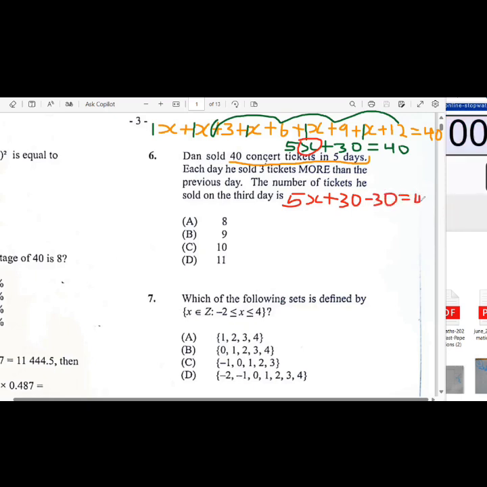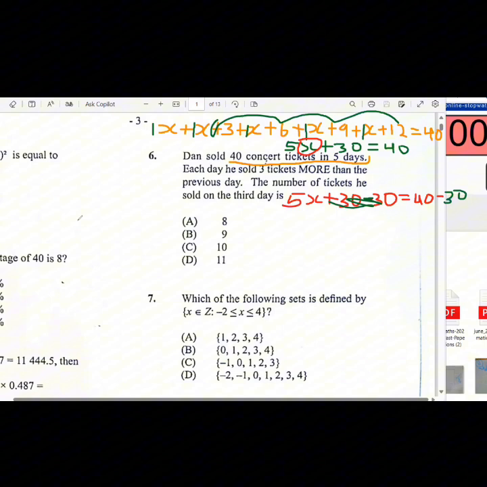I just try to show the full working because some persons will be able to follow through seeing every single step. Other persons, their brain processes stuff pretty differently. Why I put minus 30? Oh, no, what I put here was, sorry. Yeah, some persons don't even have to write this part, they just minus the 30.